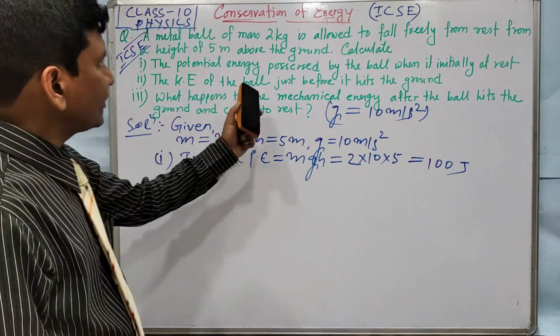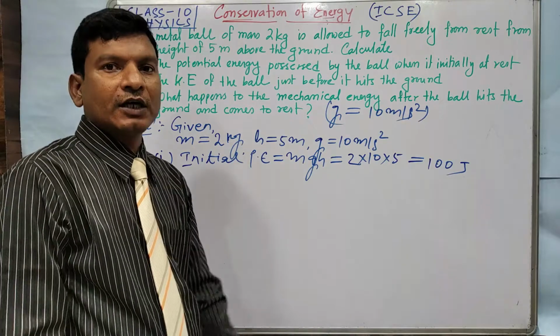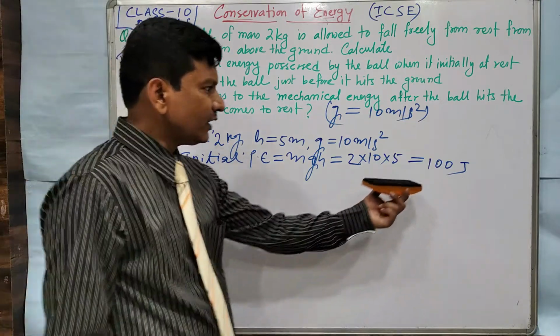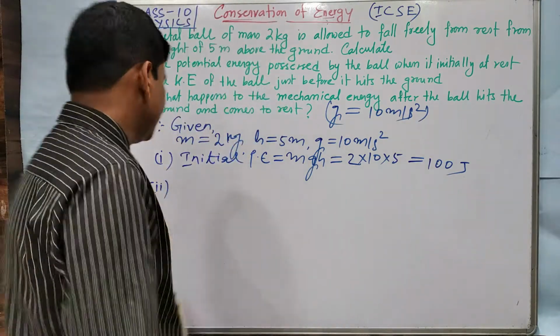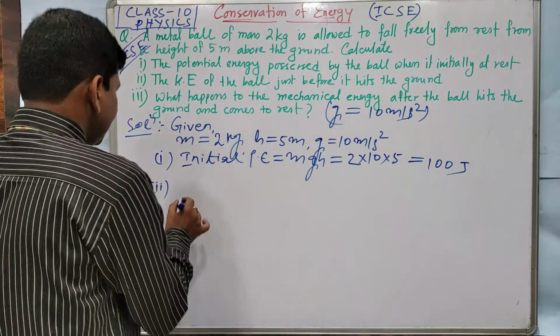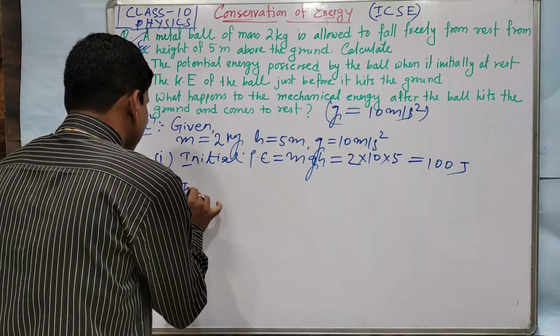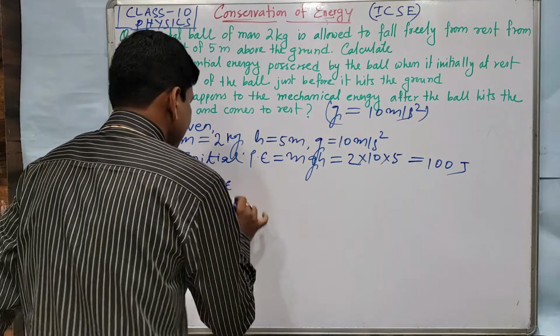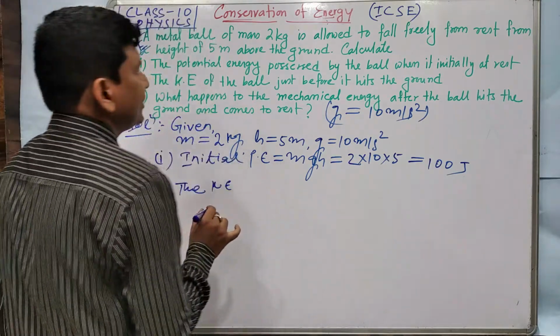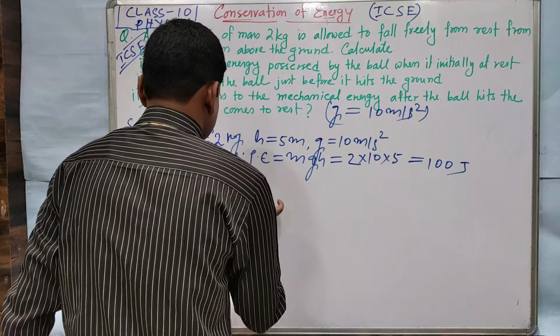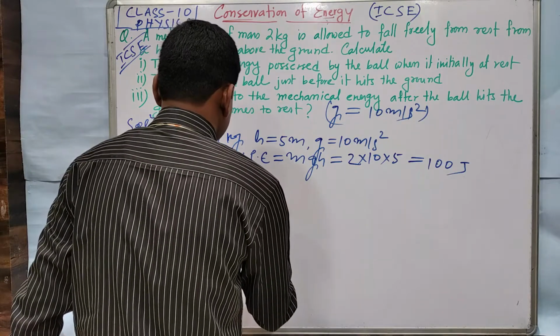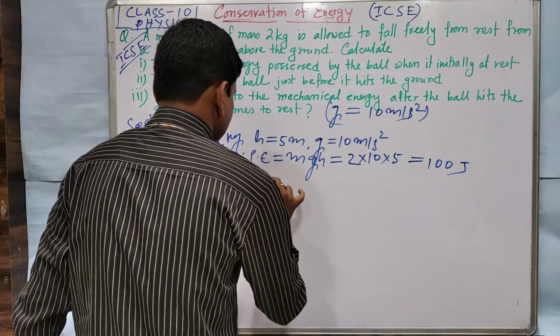Therefore, the kinetic energy of the ball just before it hits the ground will be how much? That is the initial potential energy, that will be 100. So you write the kinetic energy just before it hits the ground is equal to 100 joule.